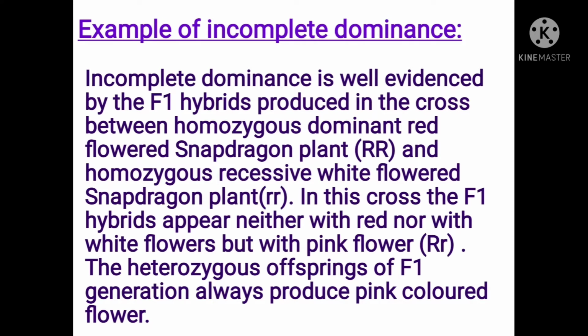Example of incomplete dominance. Incomplete dominance is well evidenced by the F1 hybrids produced in the cross between homozygous dominant red-flowered snapdragon plant RR and homozygous recessive white-flowered snapdragon plant rr.